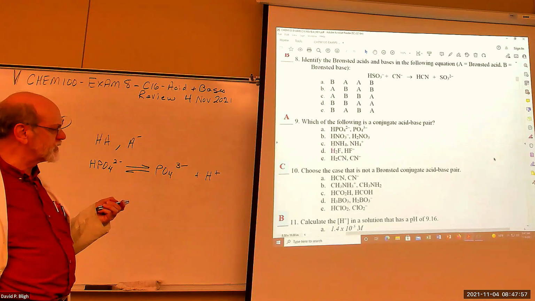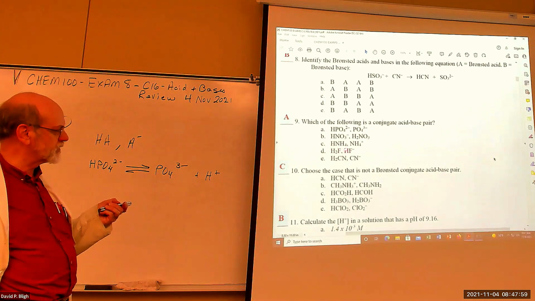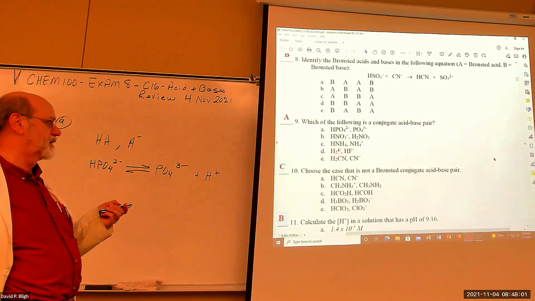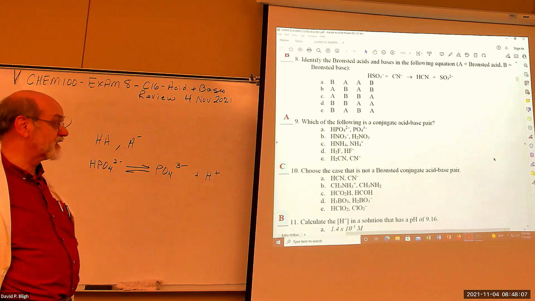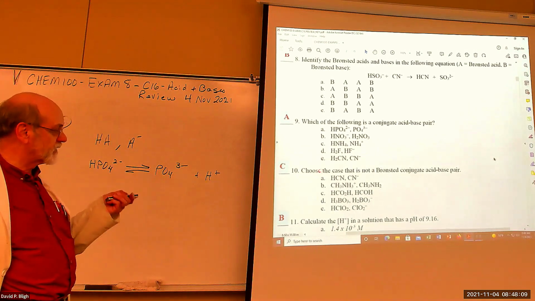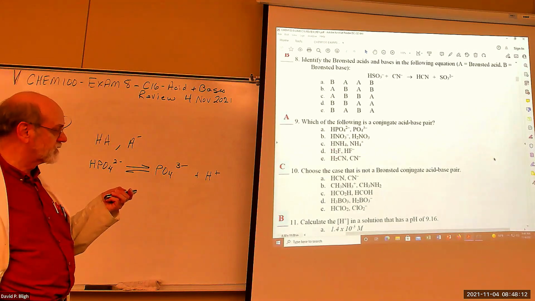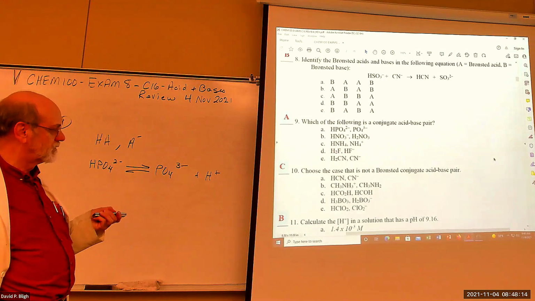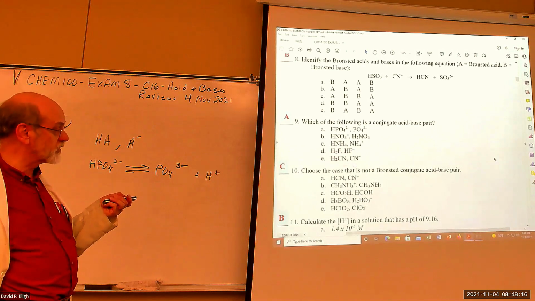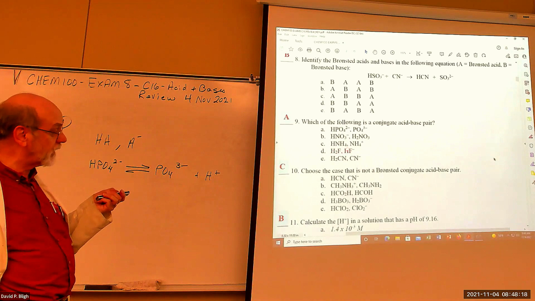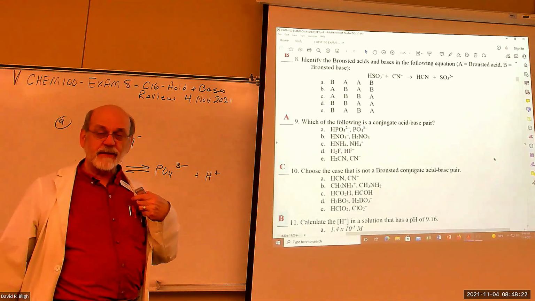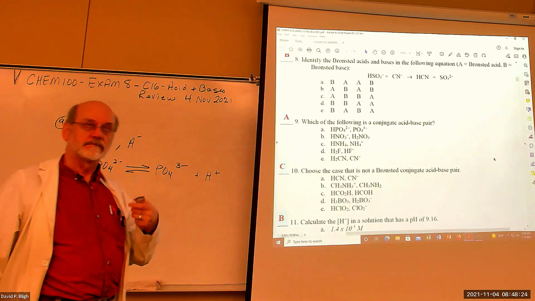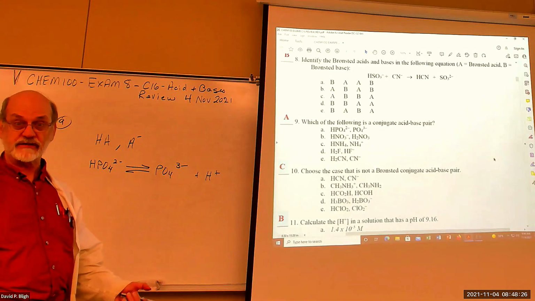If this one loses a proton and produces HF minus, technically that could work, except that this compound doesn't exist, right? And this one lost 2 protons to get there. This one lost 1, yeah, it gives it that. But chemically, it doesn't exist.